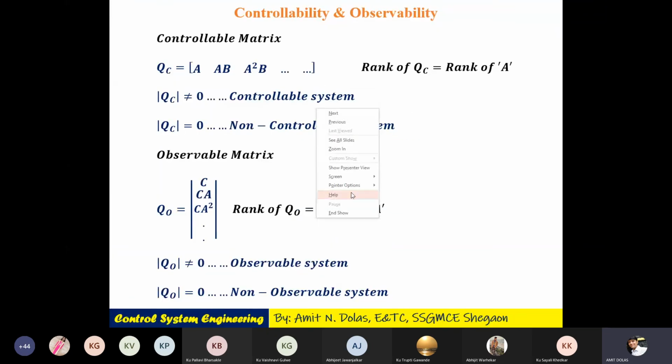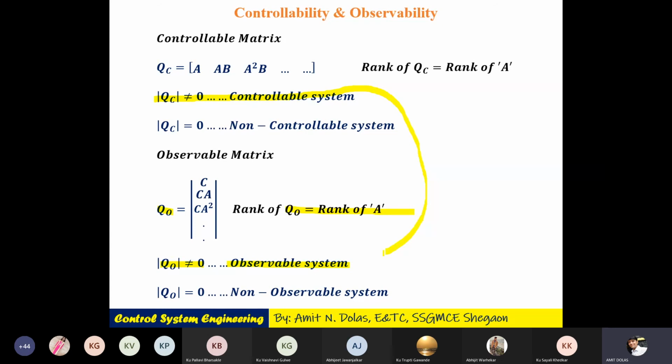Rank of QO is nothing but rank of A. And if your QO is not equal to 0, then it is observable. Please remember both. If not equal to 0, then it is controllable and observable. If it is equal to 0, then it is a non-observable system.